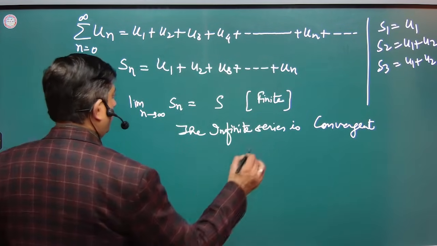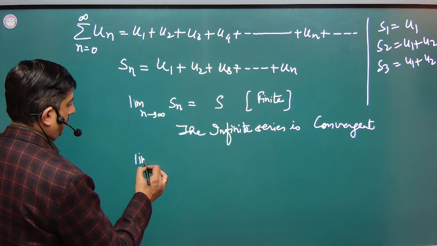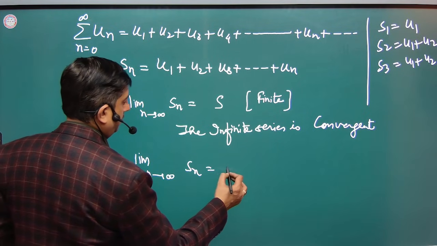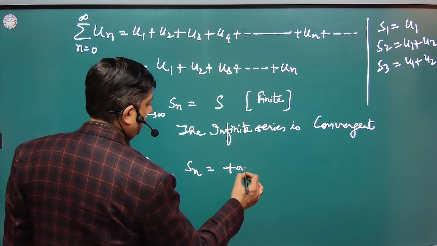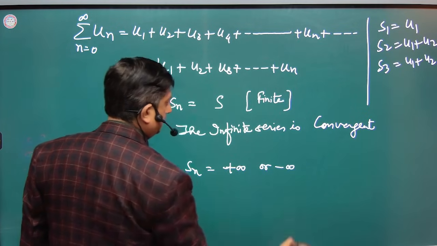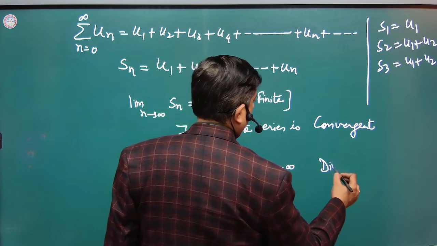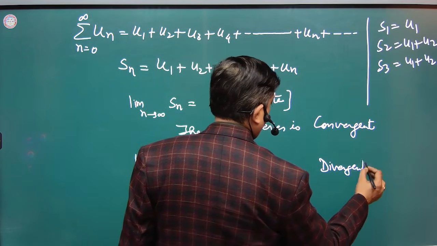And what about divergent? If limit n tends to infinity of Sn equals plus infinity or minus infinity, then the series is divergent.